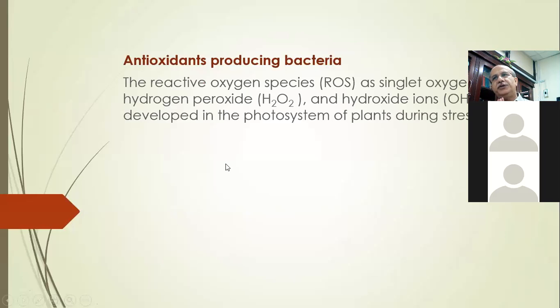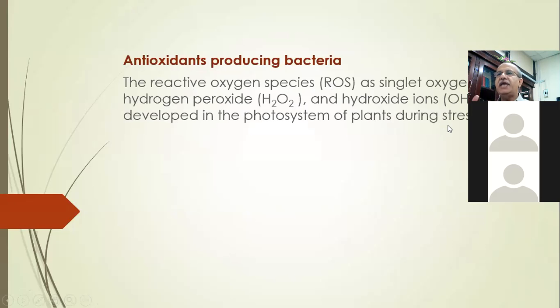Recall my last lecture where I mentioned the reactive oxygen species, which some people abbreviate as ROS. These are present as singlet oxygen, hydrogen peroxide, and hydroxide ions. And these are developed in the photosystems of plants during stress.